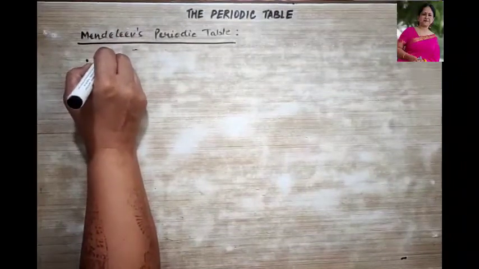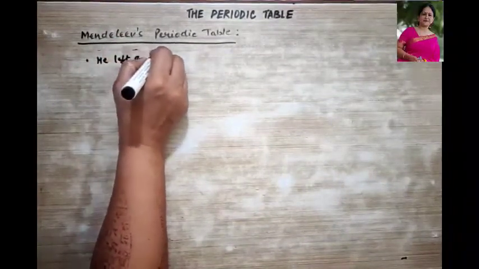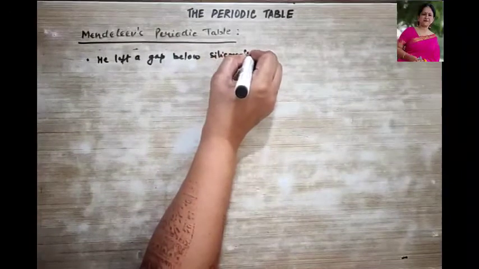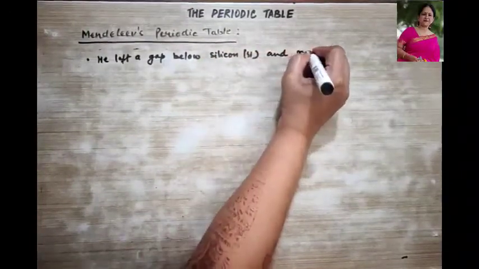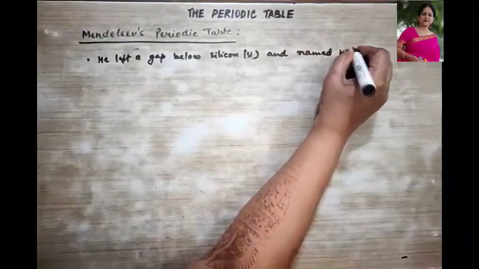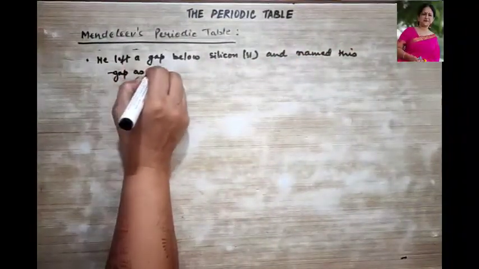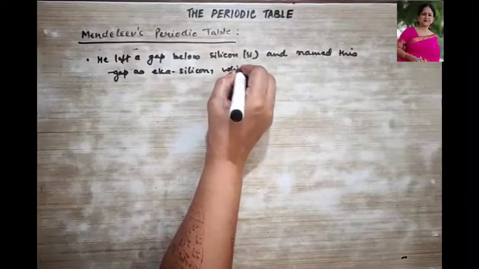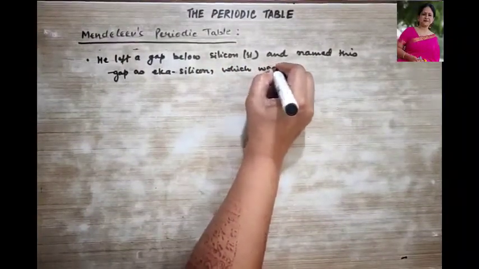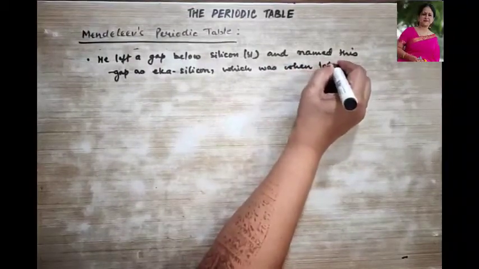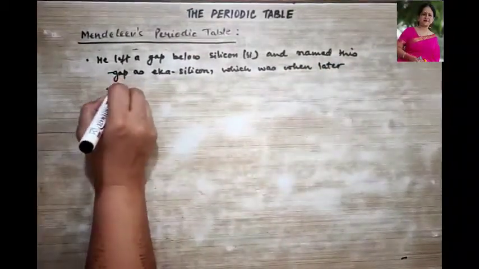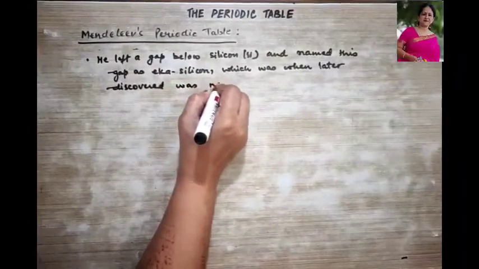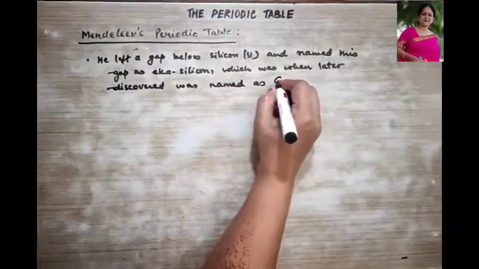So I'm mentioning over here, he left a gap below silicon, that is Si, and named this gap as Eka silicon, which was later discovered and named as germanium.